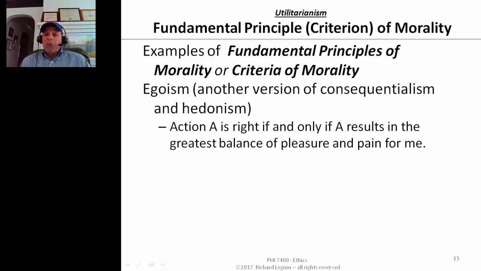And in this case, it looks like that condition is met. That is, I'm happy as a lark, very happy to be able to torture you through this course. Remember, I'm the only one that counts, at least for what makes the action right for me in this case.